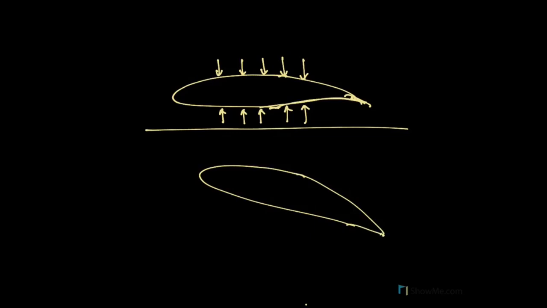And also imagine that you're pushing this plane in this direction. So there are a lot of air molecules here. Imagine all these air molecules, these red air molecules, say.